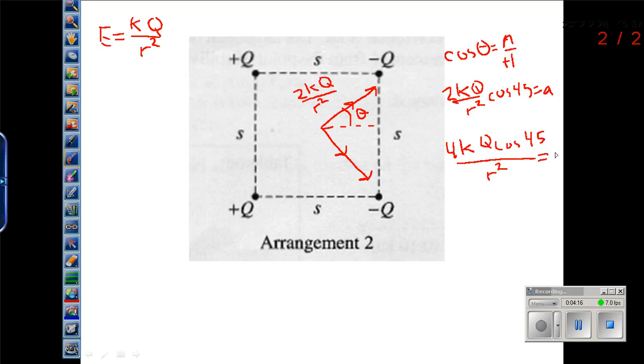And that will equal the strength of our electric field. We're not quite done yet though, because we've been talking about distances being r. That's just an arbitrary distance from one place in space back to the charge. The only distances that we're given are the distance from charge to charge, which is called s. So we need to use a little bit of geometry to figure out how to express r in terms of s.